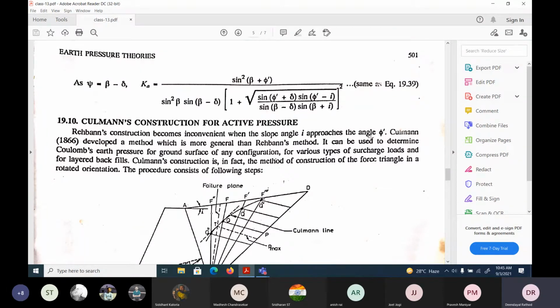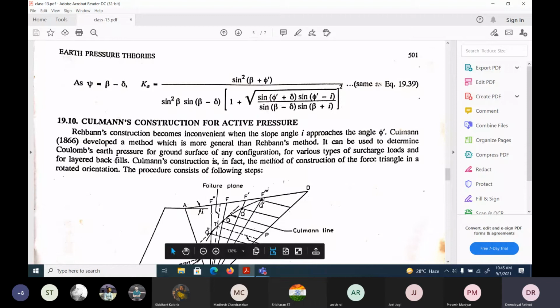What he says, when i equals phi, the inclination, it is inconvenient. Then Culmann, in 1866, developed a method which is more general than the Rebhann method. It can be used to determine the Coulomb's earth pressure for ground surface of any configuration and for various types of surcharge load also. So here you can expect surcharge load also.